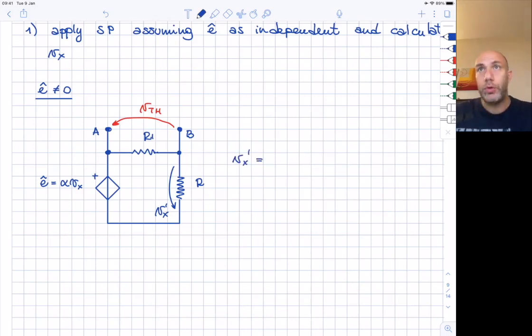And this contribution is pretty simple because we just have to apply the voltage divider rule. So we have R2 divided by R1 plus R2 E with the negative sign because of the orientation of Vx.